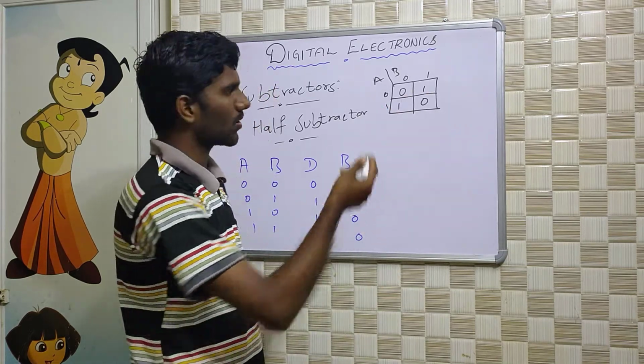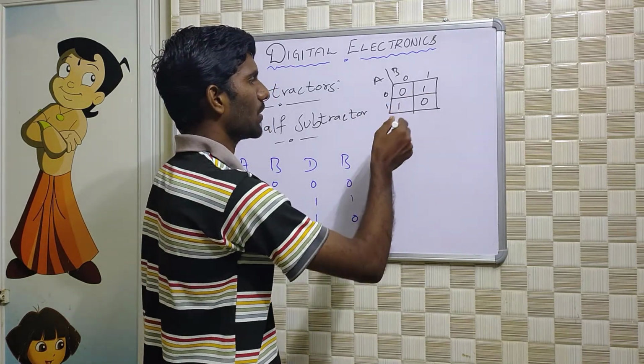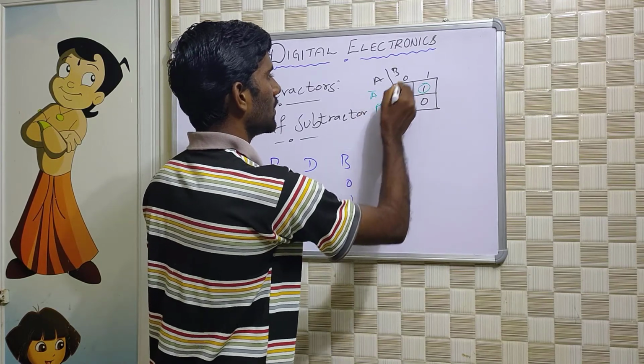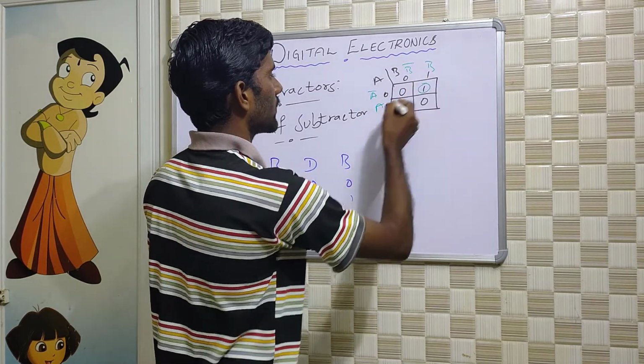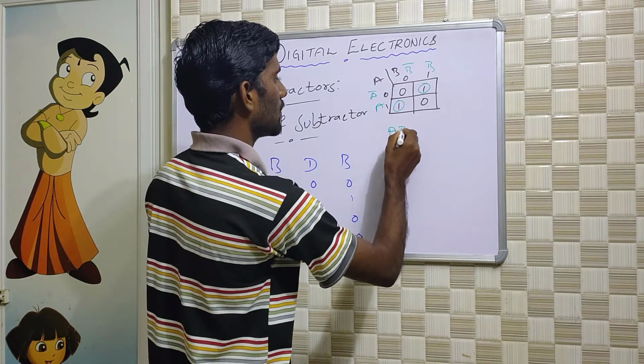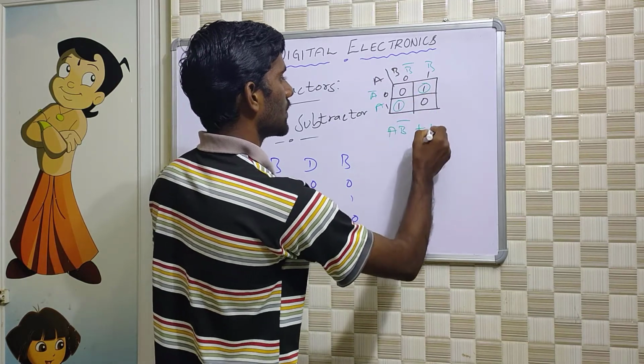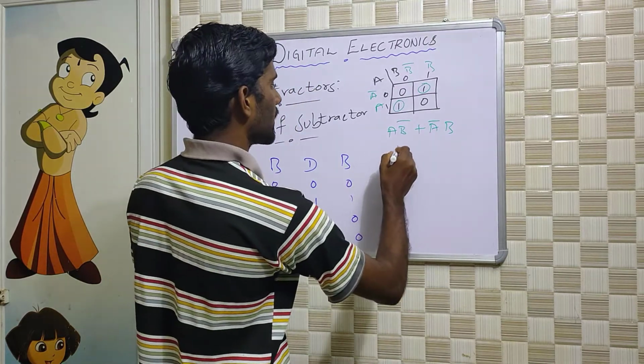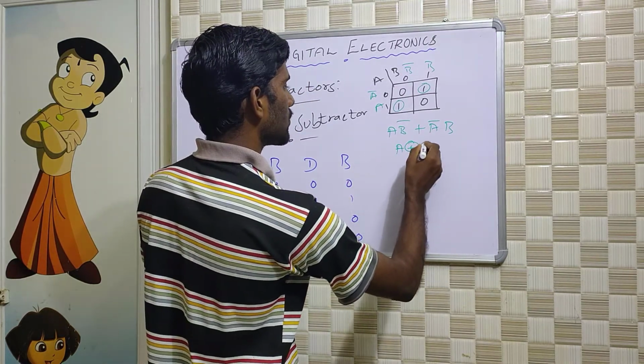There is no possible combination of adjacent cells, so we need to take A bar B plus A B bar, which is nothing but the exclusive OR gate. So A exclusive OR B.